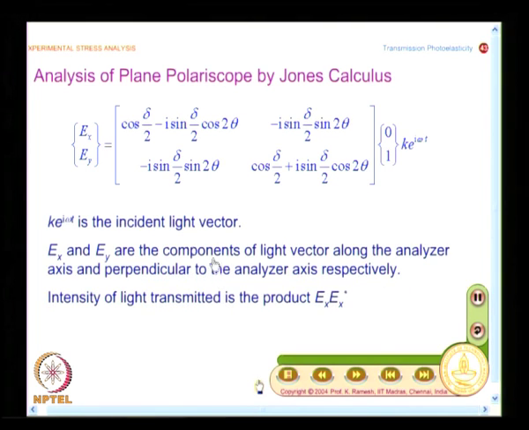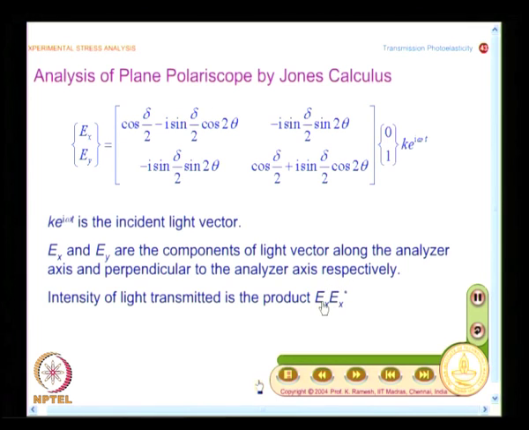So, what I have here is k e power i omega t is the incident light vector, E x and E y are components of the light vector along the analyzer axis and perpendicular to the analyzer axis respectively, and the intensity of light transmitted is simply E x into E x star, where E x star is the complex conjugate.